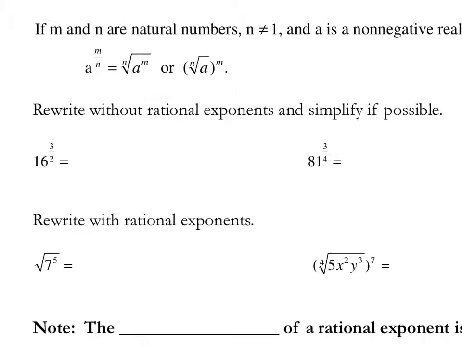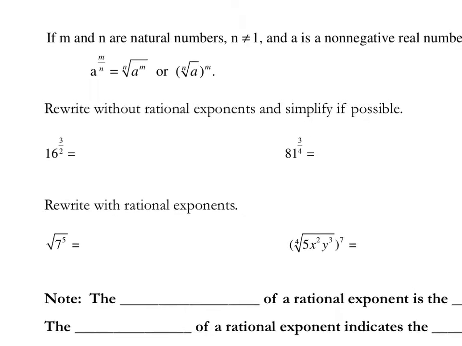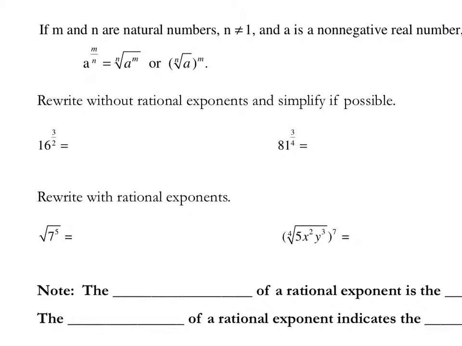So if m and n are natural numbers, n is not equal to 1, and a is a non-negative real number, then a to the m over n. We have fractional exponents here. The denominator n indicates a root. The numerator m indicates a power that you're raising it to.